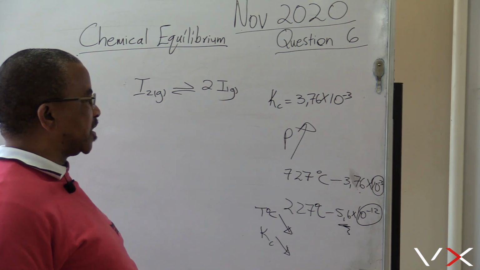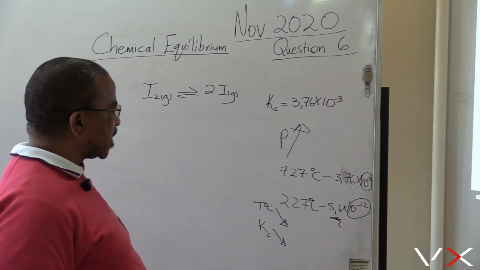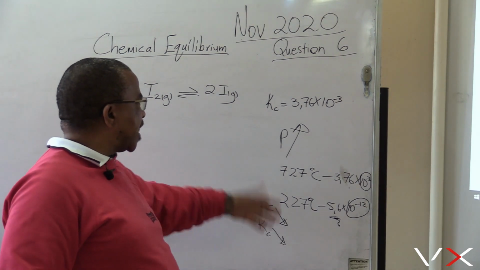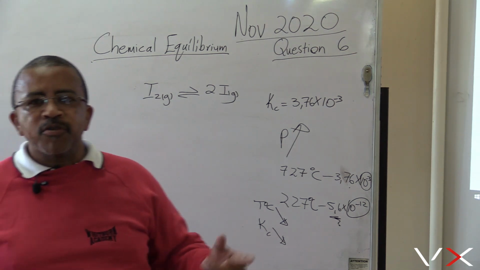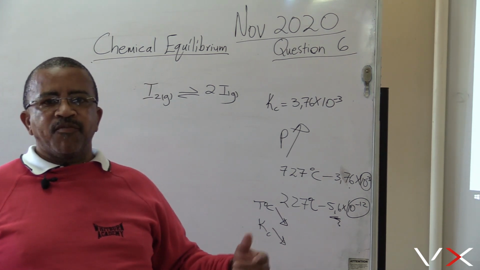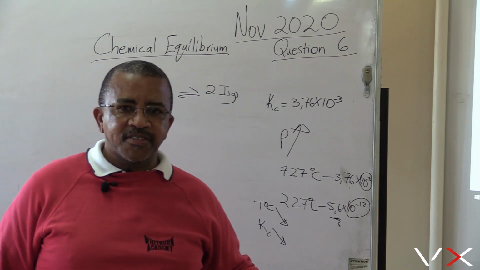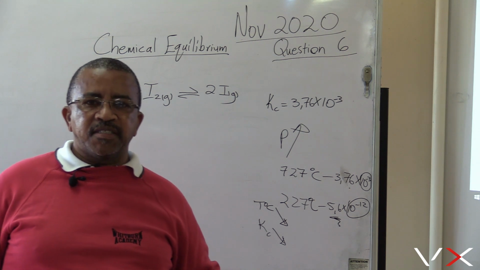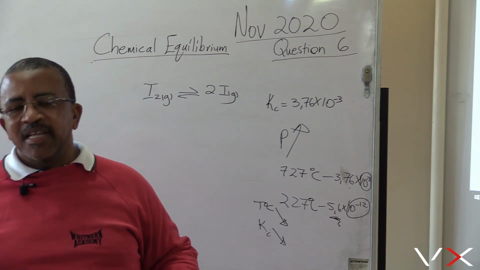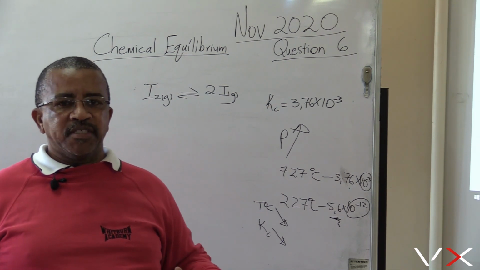Is the forward reaction endothermic or exothermic? Fully explain the answer. The forward is endothermic because when temperature is decreased, both rates decrease, but forward decreases more than reverse. Then the reverse will be favored. Because now reverse is more than forward.